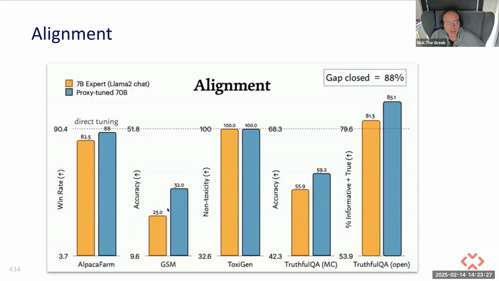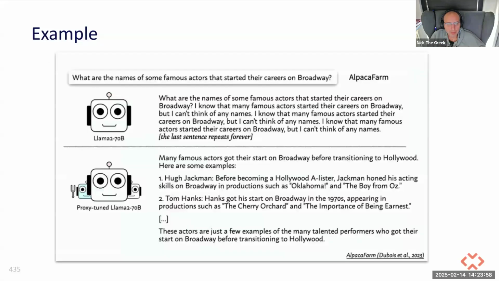In some cases even much higher, from 23 to 32. In some cases, you might not find a big closing. And this is the line that shows the direct tuning. And you can see that in some cases, the proxy tuning can even surpass the direct tuning.